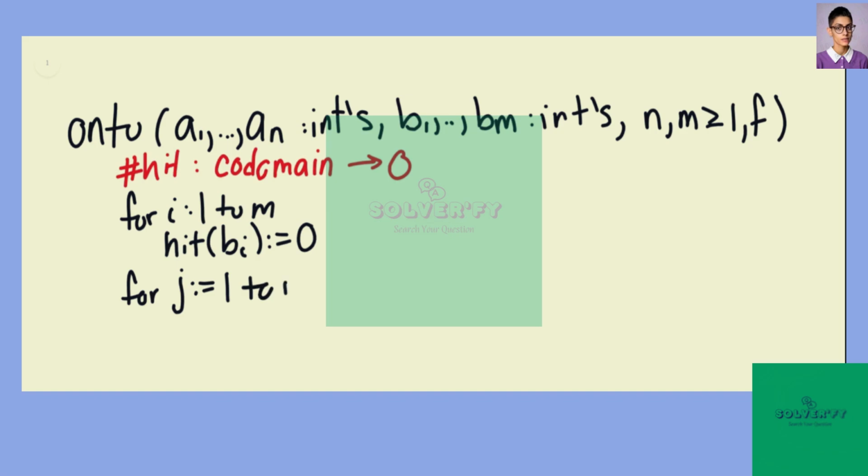We'll use the same function, hit, but as the input, we'll use the function at the value of the domain, right? So this function with respect to a_i should be giving us some element b of the codomain, right? And so for all of those, we're going to reset it equal to 1.